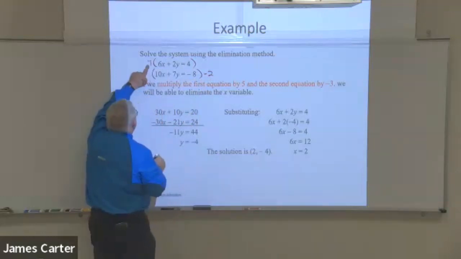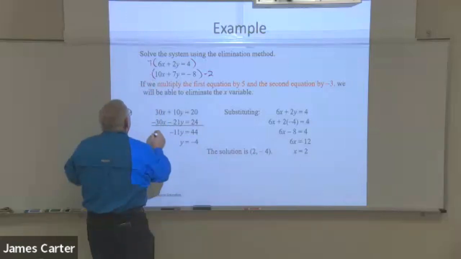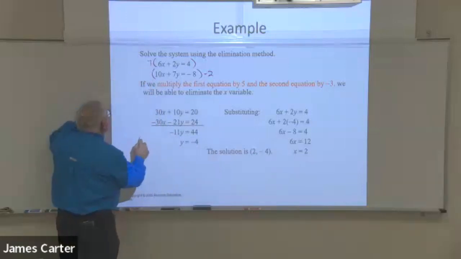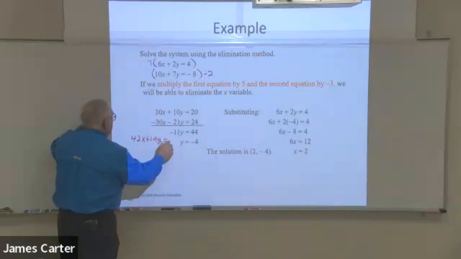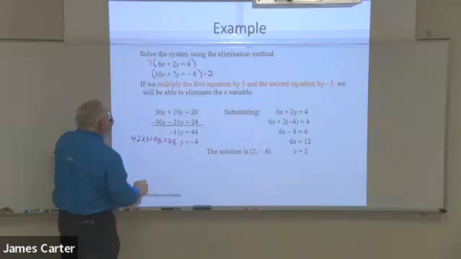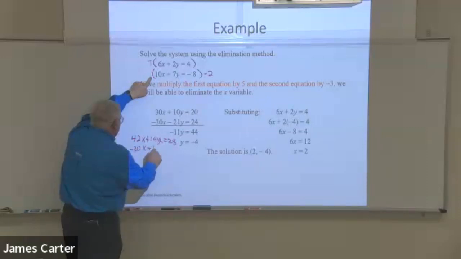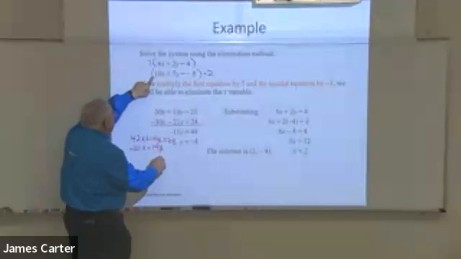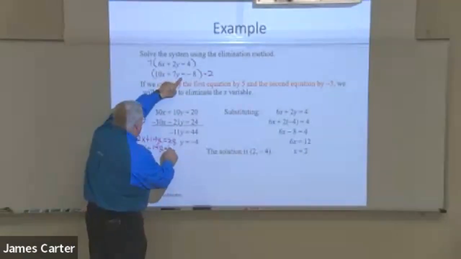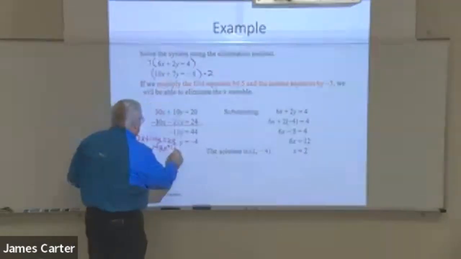So 7 times this one would give me then 42x plus 14y equals 28. If I take negative 2 times all of these, I get negative 20x, minus 14y equals positive 16.